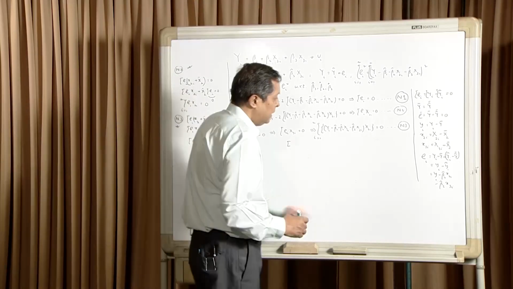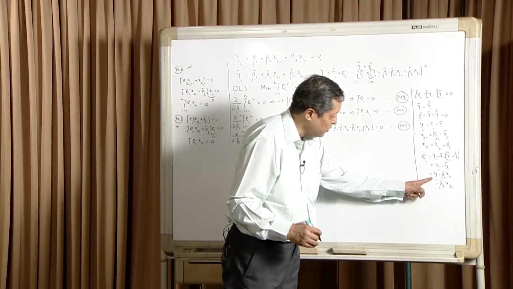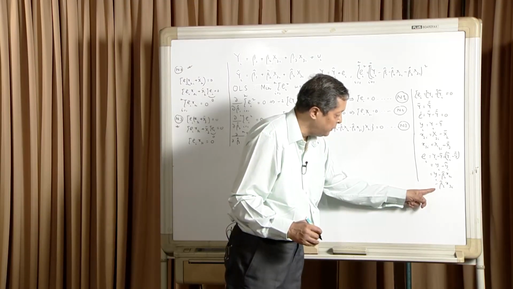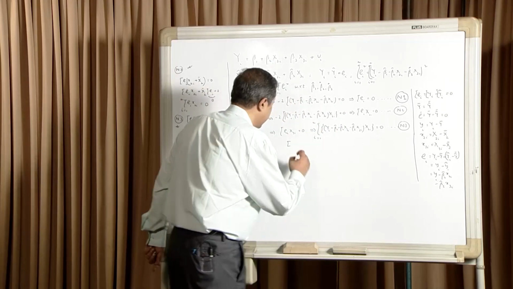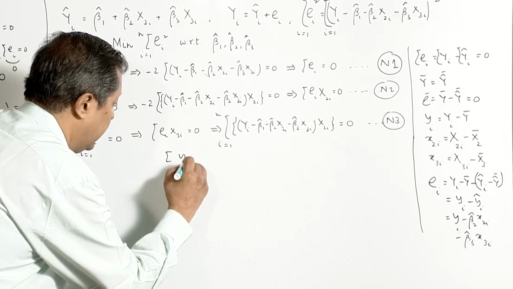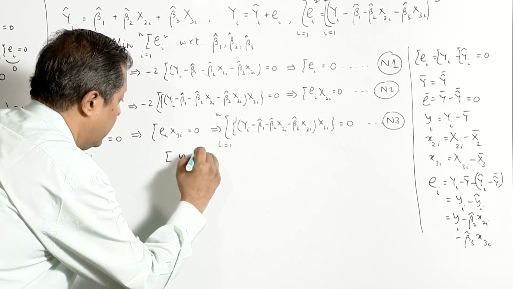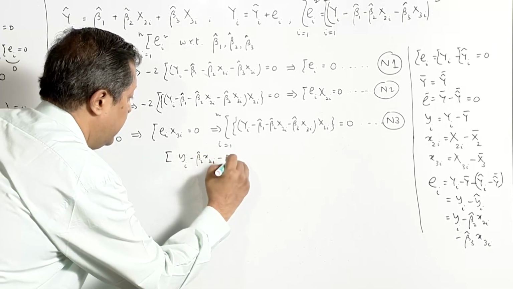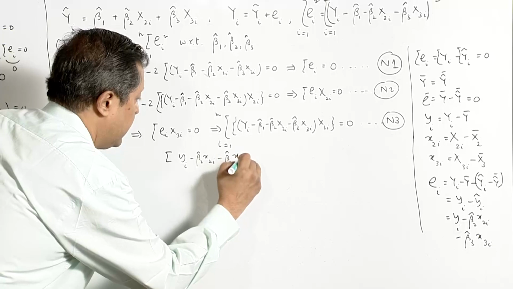It helps us to make the derivations in an easier way. So, we write ei is equal to yi minus beta 2 hat x2i minus beta 3 hat x3i.